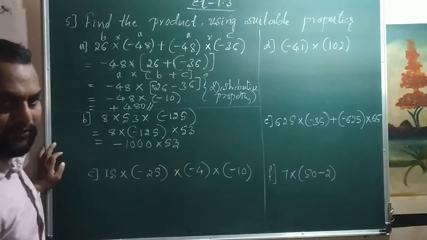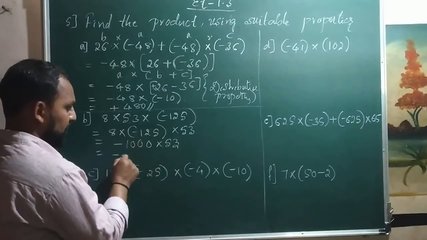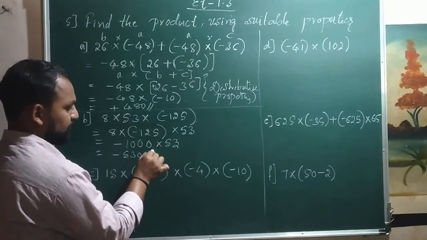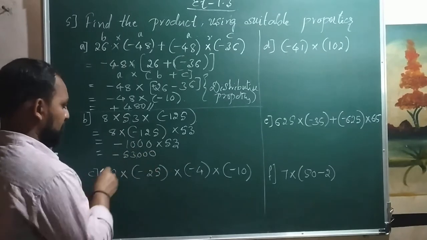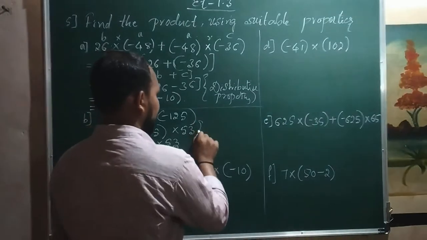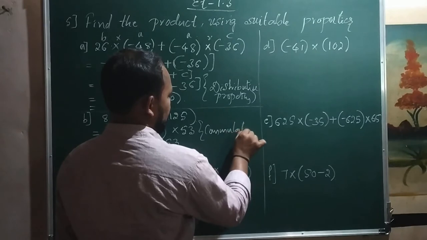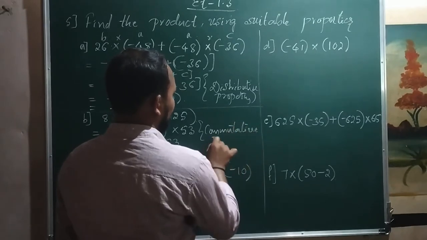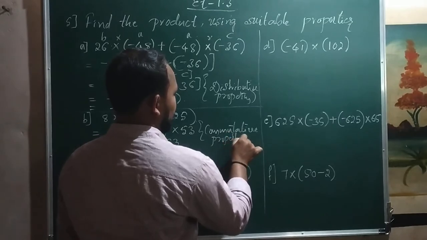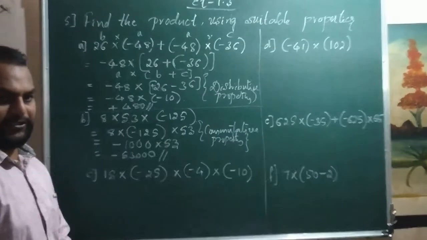Plus into minus gives 53,000 as the answer by using the commutative property. The commutative property of multiplication is satisfied.